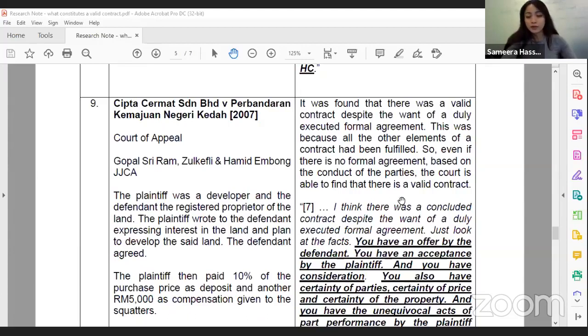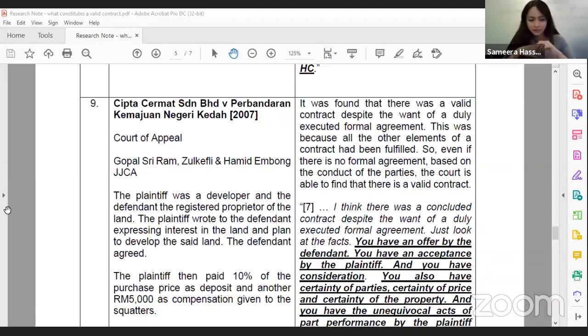I think all the cases are somewhat repetitive, which is that in a contract, it does not mean that you have to specifically have a formal contract in the sense that it has to be written, signed by both parties immediately or something. By just the very conduct of it, you can construe it as a binding contract by itself.